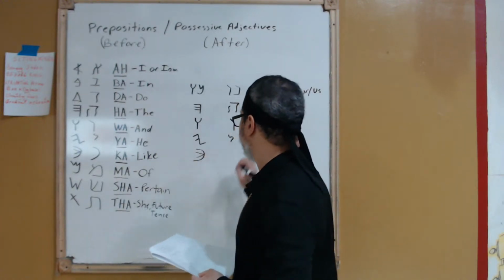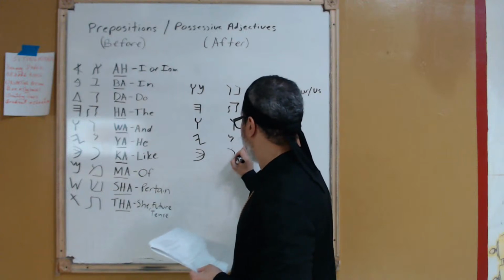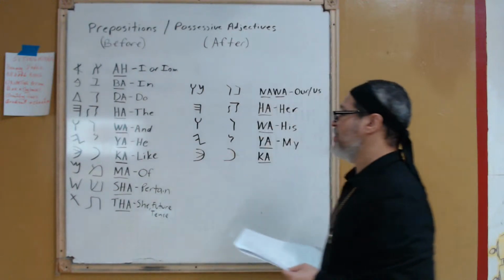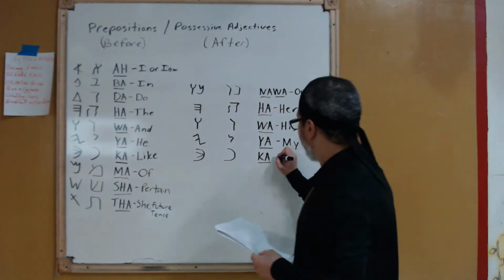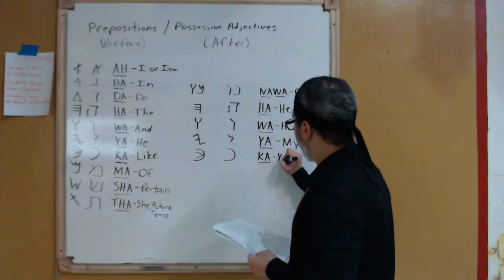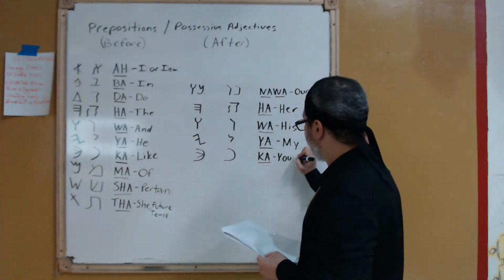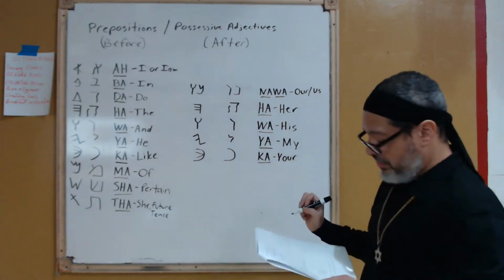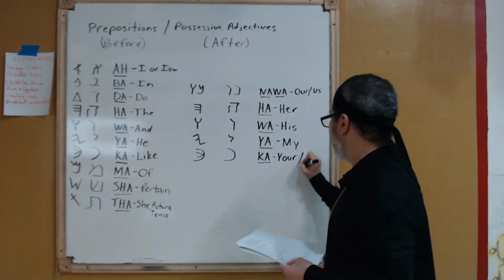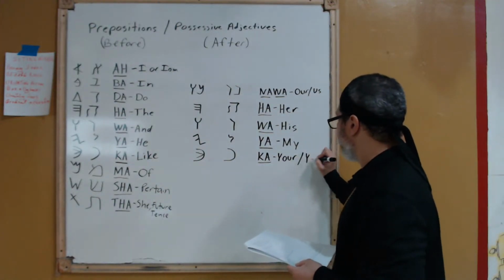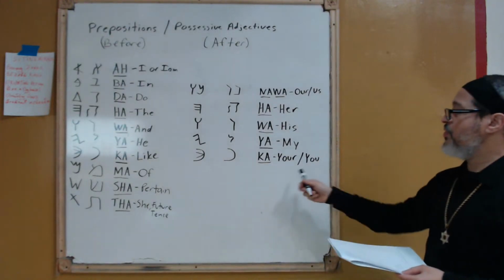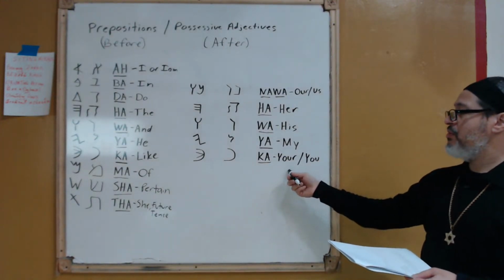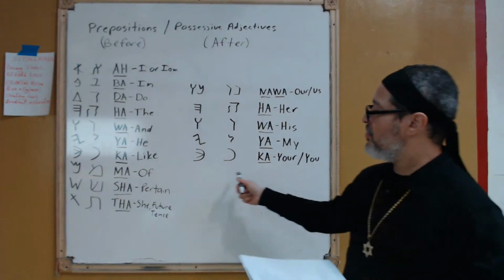The ka, then the modern version, the ka. And at the end of the word, it can be "your". But sometimes you also see it as "you". So when you see this at the end of the word, it's either "your" or "you".